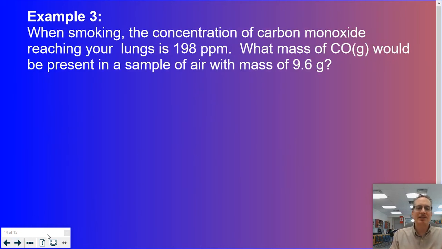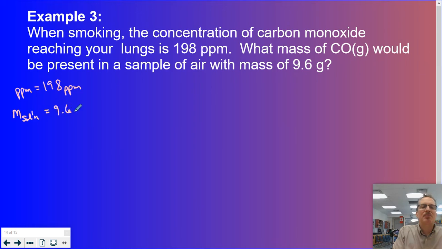Okay, last question. And again, I'm just going to use a pink pen for this question. When smoking, the concentration of carbon monoxide reaching your lungs is 198 parts per million. What mass of carbon monoxide gas would be present in a sample of air with a mass of, so my sample, my solution, is going to be 9.6 grams.